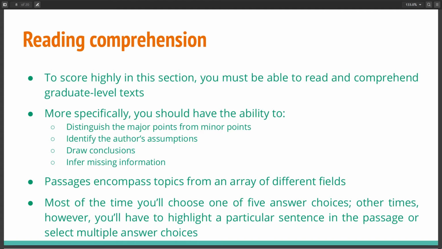The last thing is that there will be 5 answer choices most of the times. However, sometimes you will have to highlight a particular sentence in the passage or select multiple answer choices. For example, in MCQ with one or more possibly correct options.